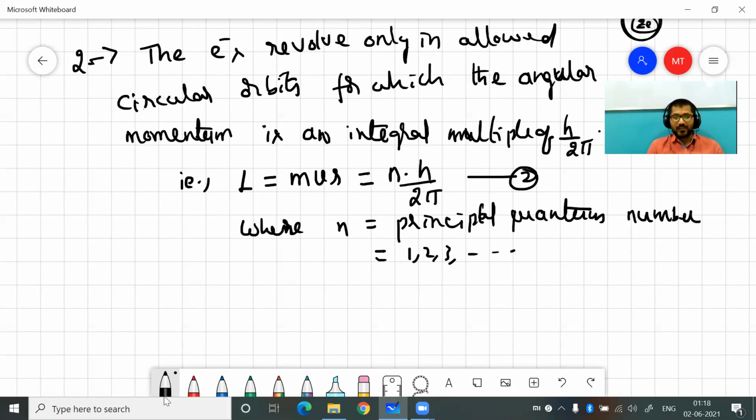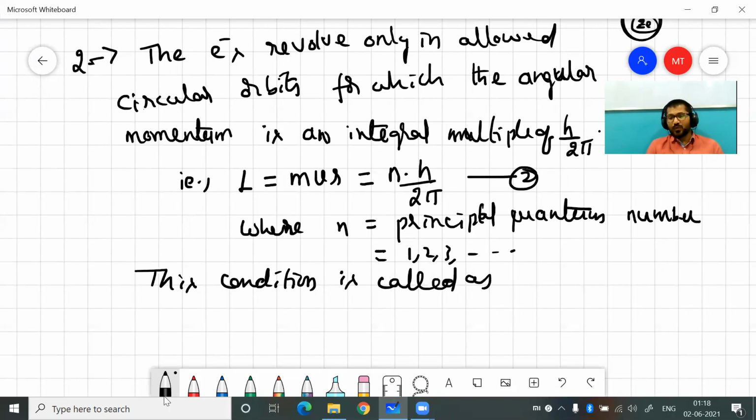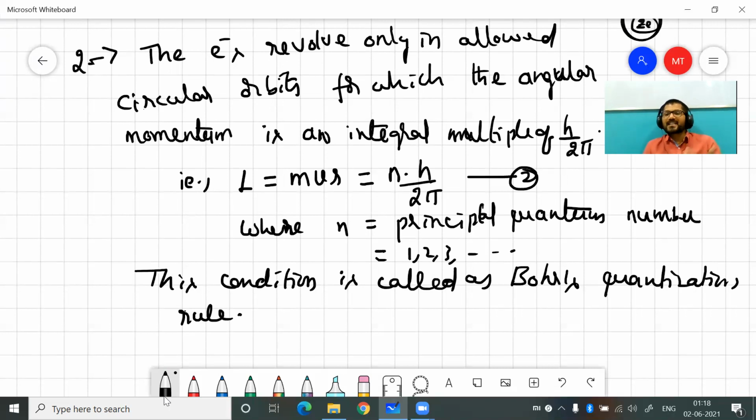This condition proposed by Bohr in the second postulate is also called Bohr's quantization rule. Based on these conceptual points, you may get some objective questions from the NEET and JEE point of view.